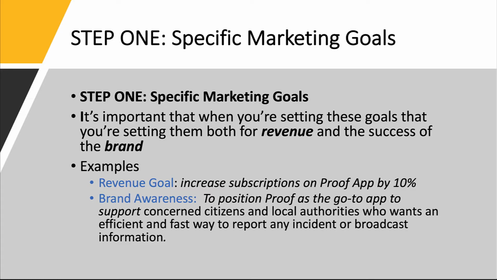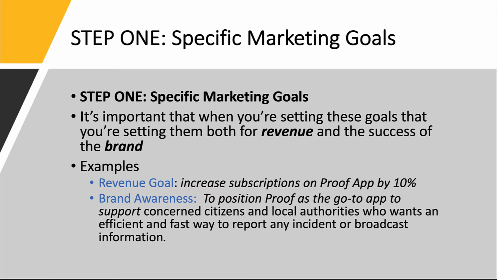Okay, right. So my advice basically to my girls is to focus on two goals. As a matter of fact, the template I gave to you had three, so you can get rid of the third one. But if you have more goals, you can put them in. But I think I want to focus on just two goals, which are revenue goals. So increase subscription on Proof. I'm using Proof as an example. I've been using Proof all along now.